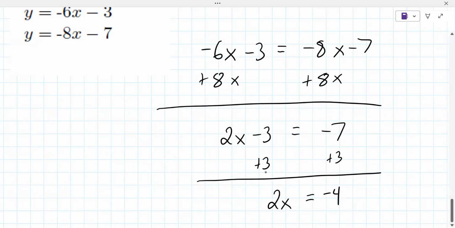It's negative 4. Wait, hold up. What am I doing wrong? Negative 7. Okay, I think I used the wrong symbol.